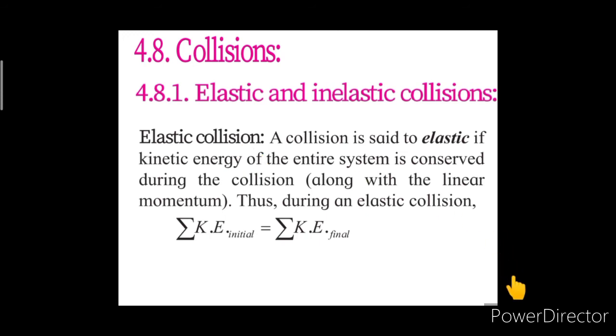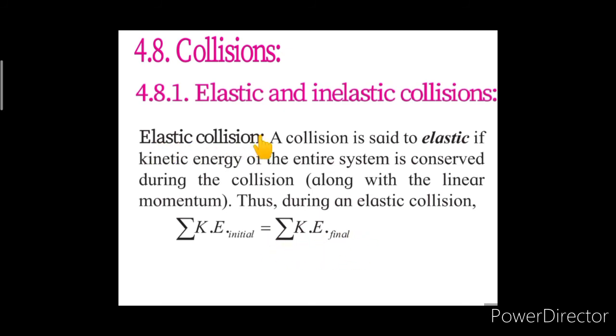So, a collision is said to be elastic if the kinetic energy of the entire system is conserved during the collision along with the linear momentum, and hence during an elastic collision we can say that the total initial kinetic energy is equal to the total final kinetic energy.